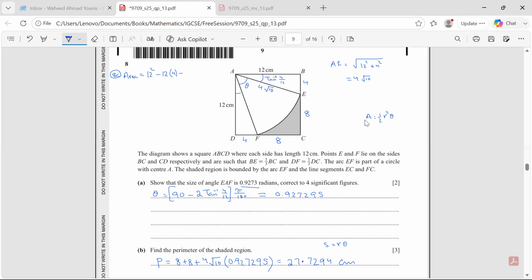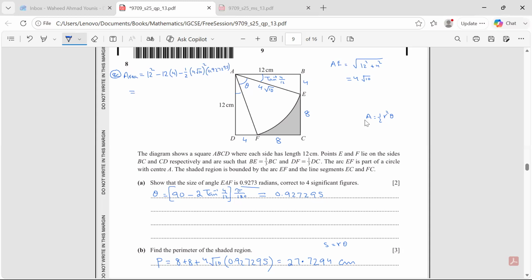So minus half r square, where r is 4 under the root 10 and it's squared, into theta. Theta, we know, is 0.927295.